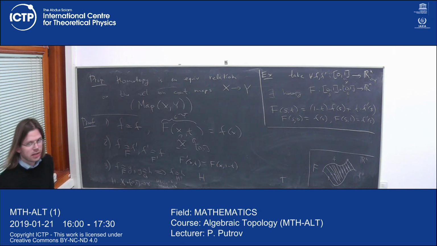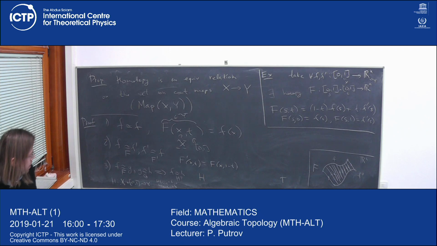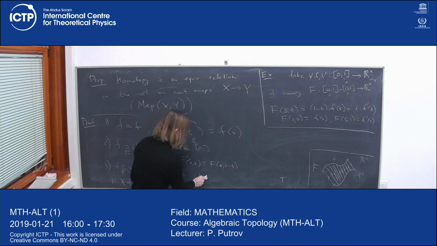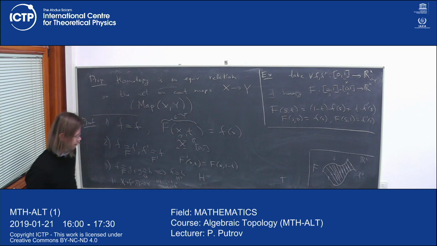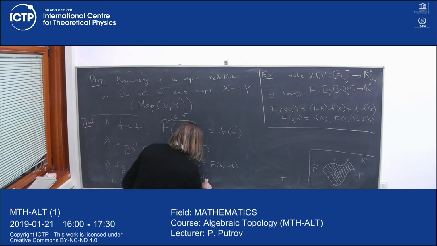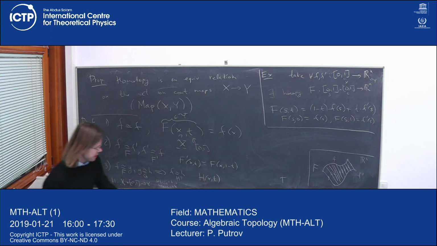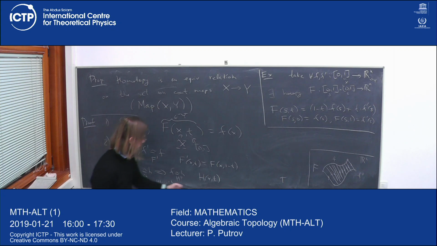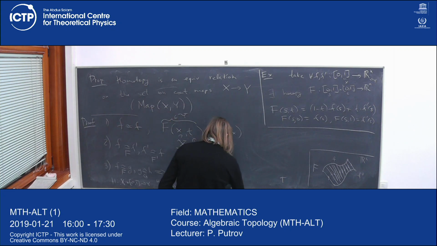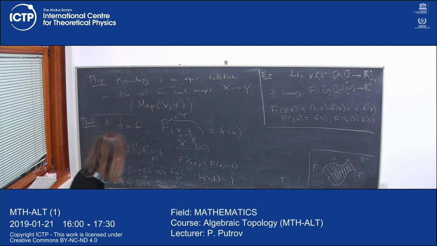We can make H follow F on the first half interval from 0 to one half, and then from one half to 1 it follows G. Yes, exactly. So if you want to write it explicitly, the function of x and t, where x belongs to big X and t belongs to the interval, can indeed be explicitly written as follows.